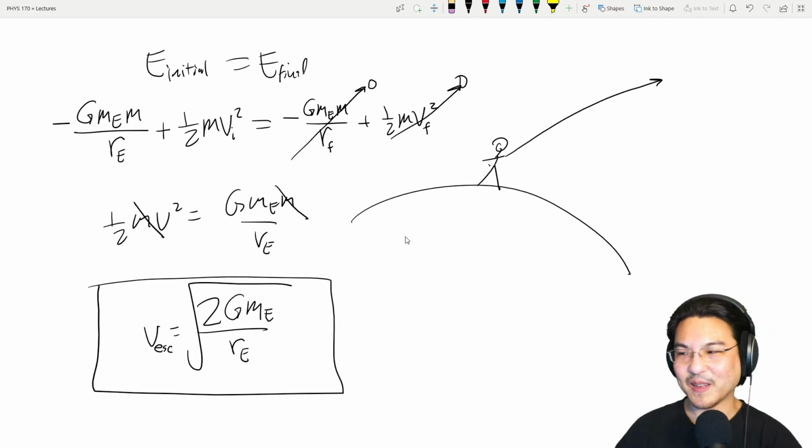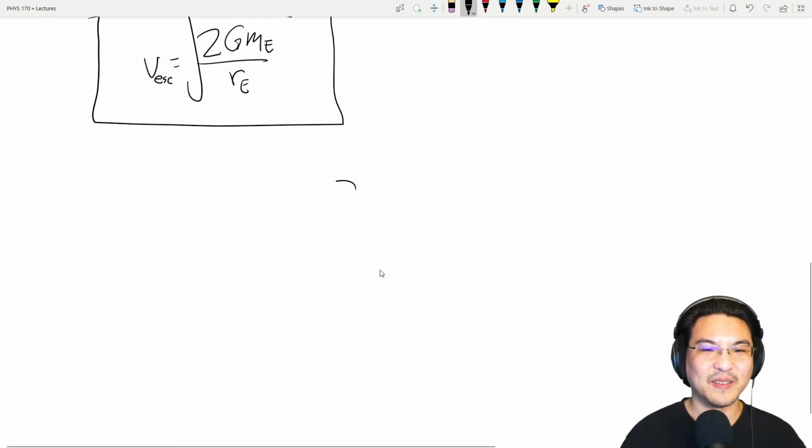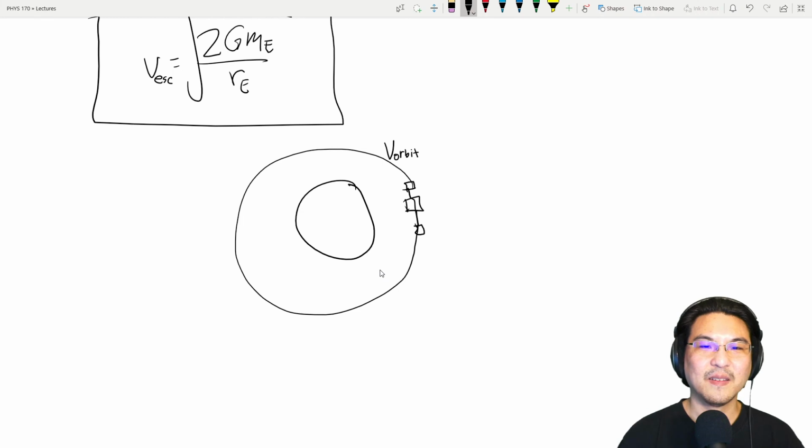Okay, so there's one application, and then you can combine the two lessons from last time when we had orbital velocity. So here's Earth. If you're some satellite in orbit with some orbital velocity, and you hit some thrusters to go faster, then what happens? We talked about it last time.